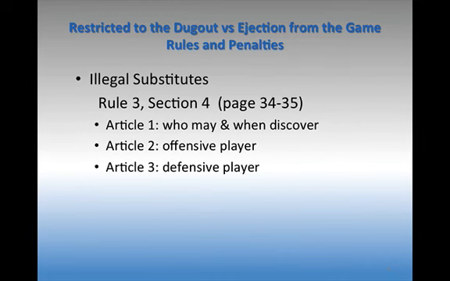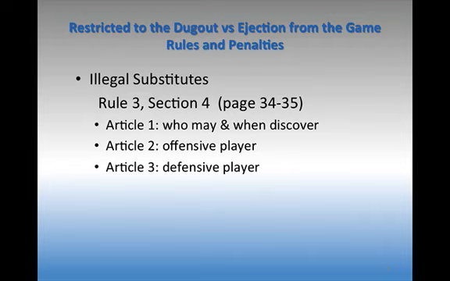Turn to page 34 for illegal substitutes. Know the difference between illegal substitute and unreported substitution. Article 1. Illegal offensive or defensive players may be discovered by the umpire or either team any time after the ball becomes live and an illegal substitute has taken a position.